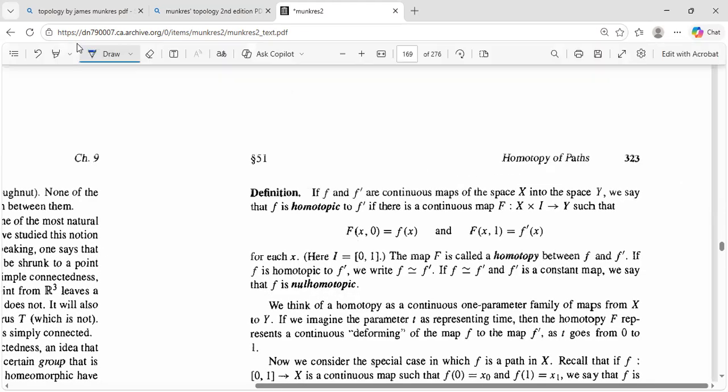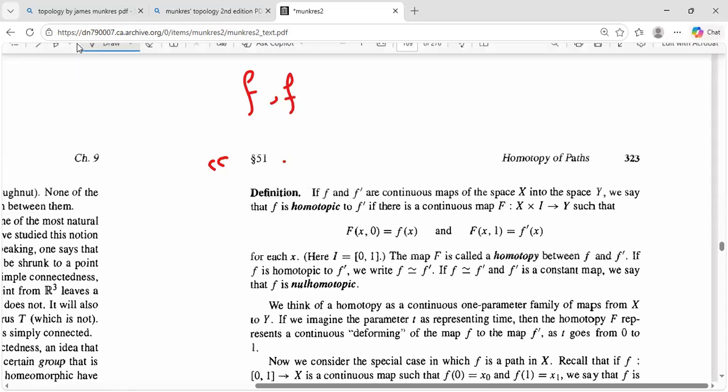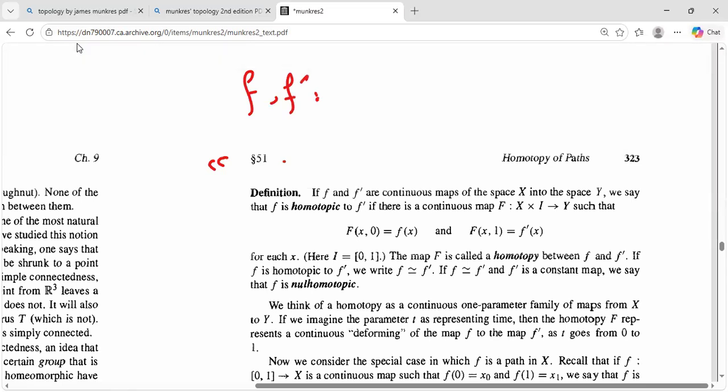So let's read the definition, then explain this definition. If f and f prime are continuous maps of the space X into the space Y, let's say two continuous maps according to the continuous maps in topology from X to Y. X is also a topological space and Y is also a topological space, and f and f prime are continuous functions.